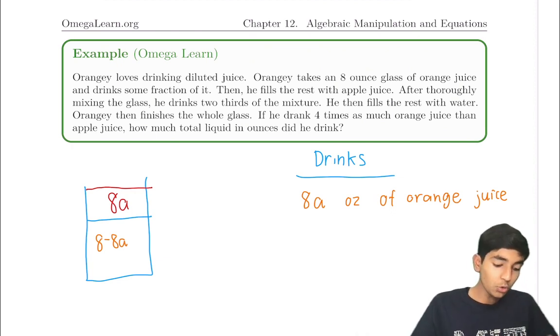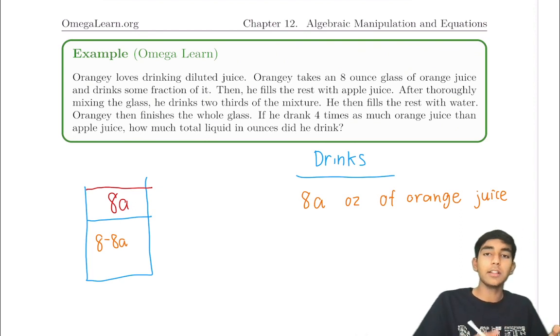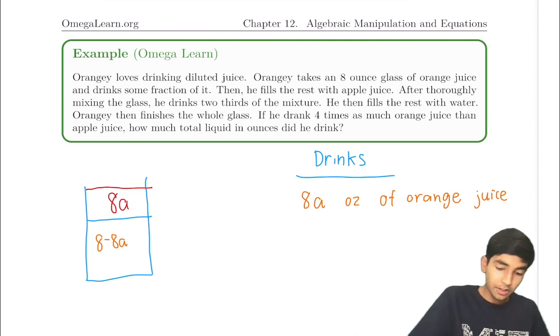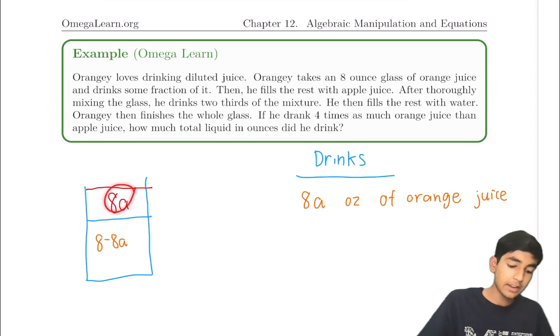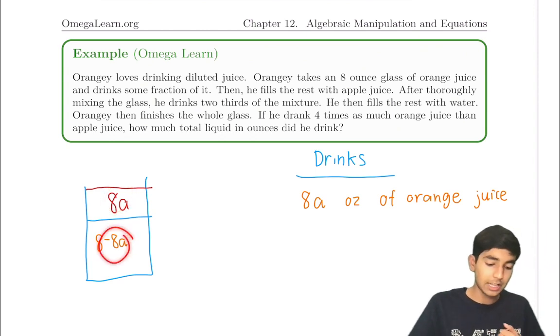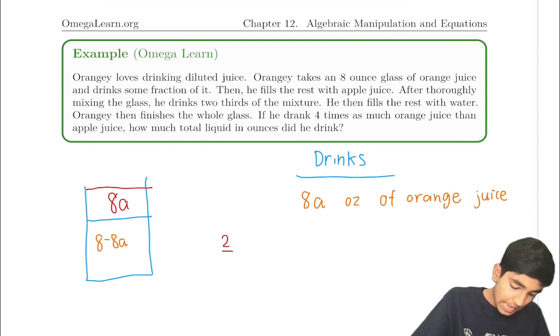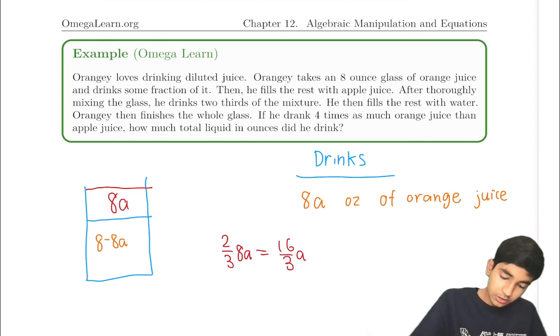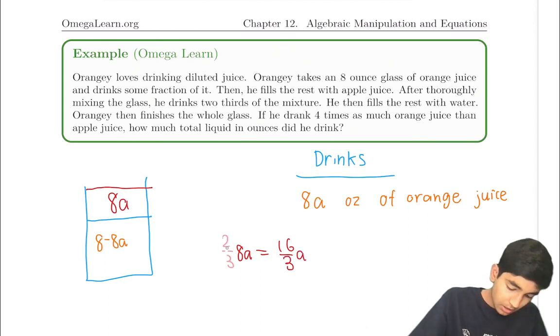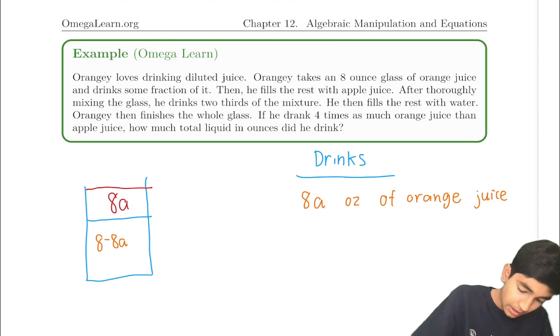He then drinks 2/3 of this mixture. And because he mixed it thoroughly, he's going to drink 2/3 of the apple juice that's remaining and 2/3 of the orange juice that's remaining. So 2/3 of 8A equals 16/3 A ounces of apple juice, right?